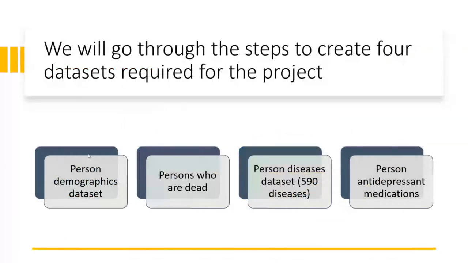One is the person demographics data set, a data set for all the persons who are dead, a data set for persons and all of their diseases, and a data set for all of the persons' antidepressant medications. These are the 4 major data sets that we will use and process for our first project.